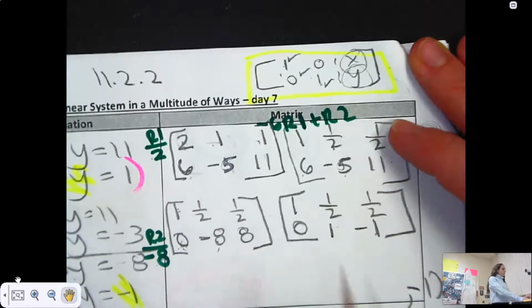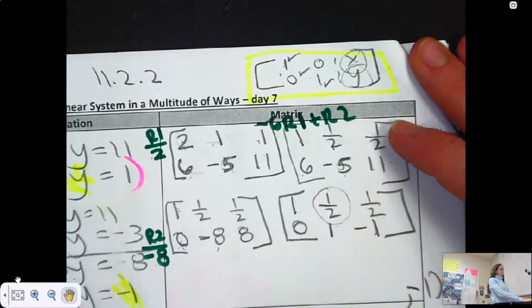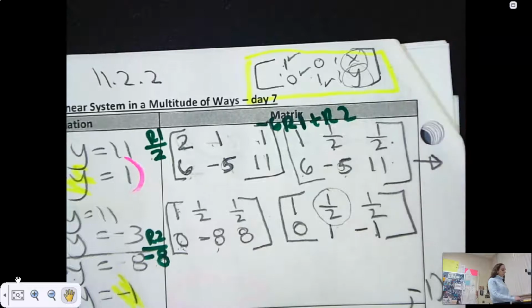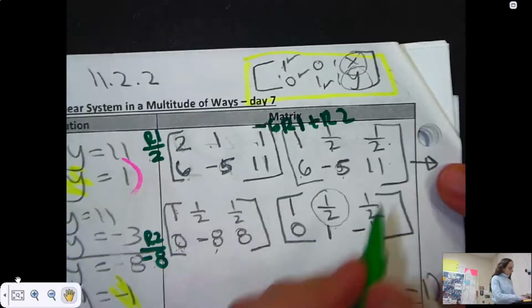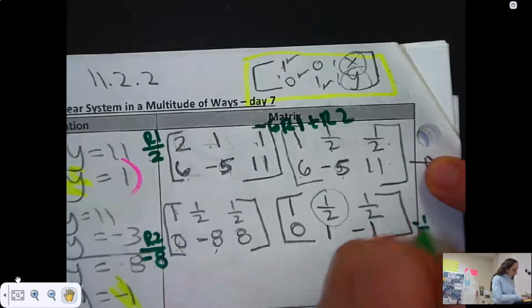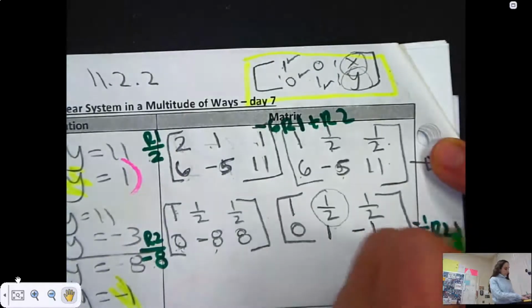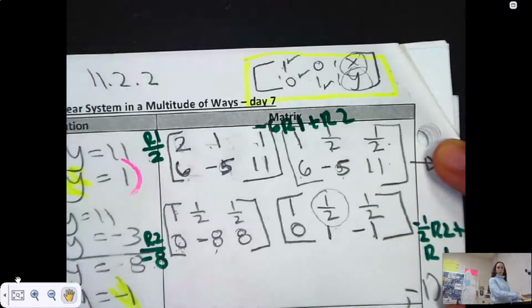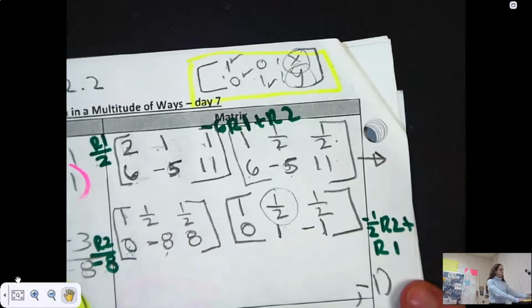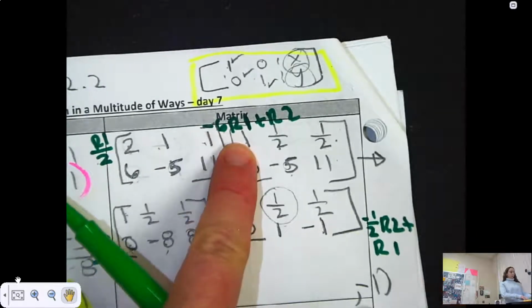Now, all that I have to do is change this to a 0, and then I'll figure out the y value. So if I took negative 1/2 times the second row and added it to the first row, I would get the answer. You'll start noticing, you see what we do? You do the opposite, and then you add it to the other one. It's kind of like what you're doing here, right?